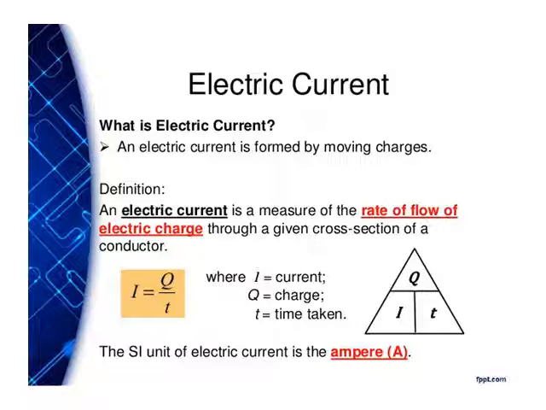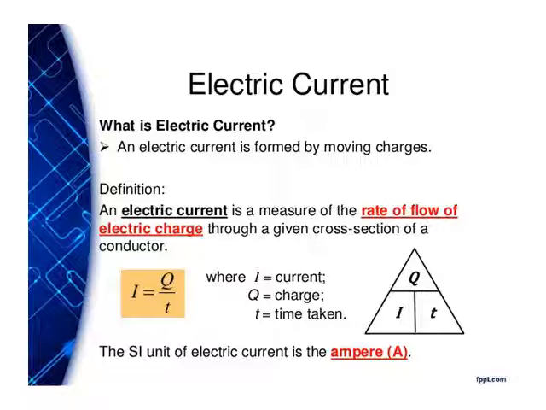An electric current is a measure of the rate of flow of electric charges through a given cross section of a conductor. So the formula is I is equal to Q by t, where I represents current, Q represents charge, and t represents the time taken. The SI unit of electric current is amperes, and it is represented by capital A.